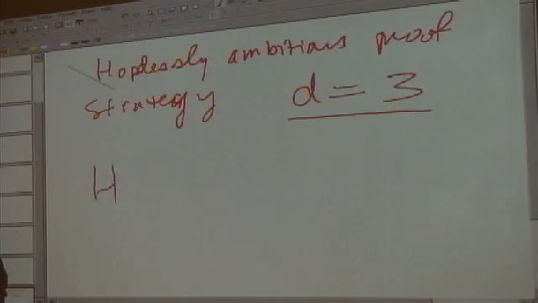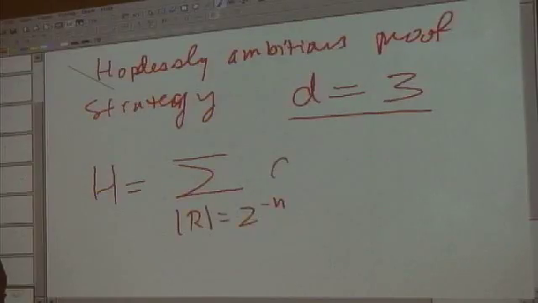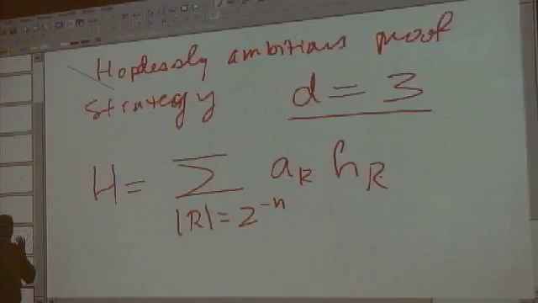Let's set H to be the sum over R with volume 2 to the negative n of A_R H_R, and we continue with our assumption that only a quarter of the coefficients are 0 and otherwise are plus or minus 1.